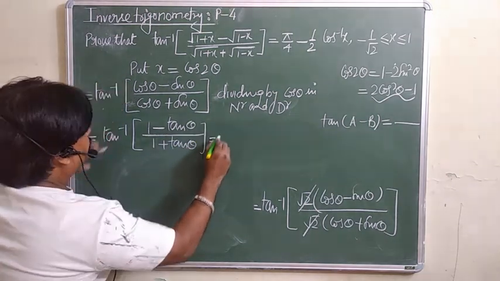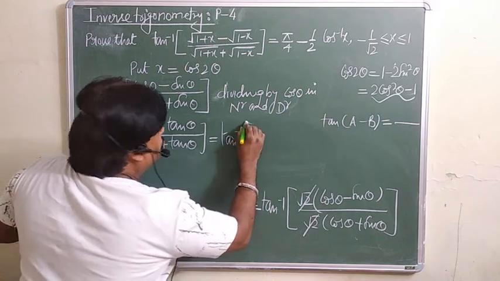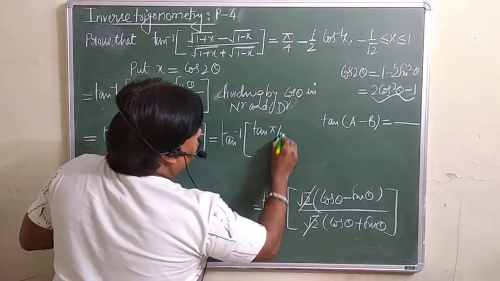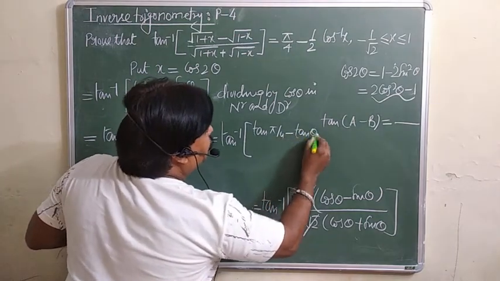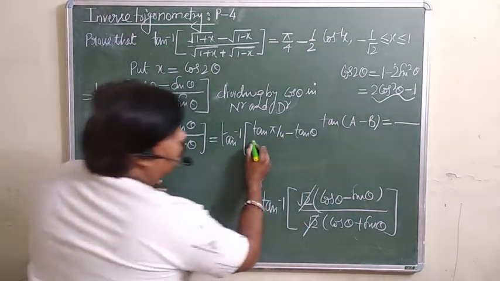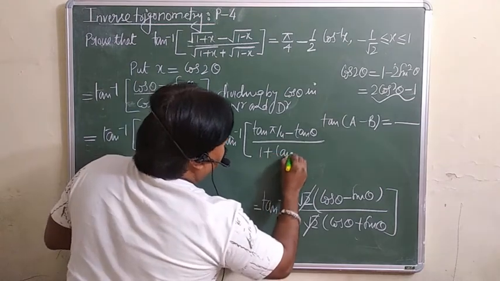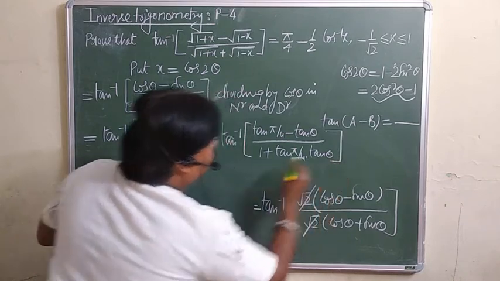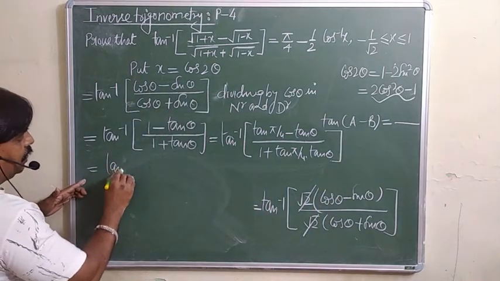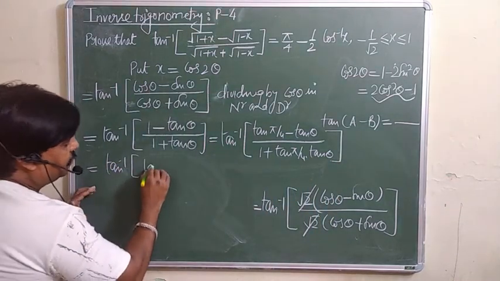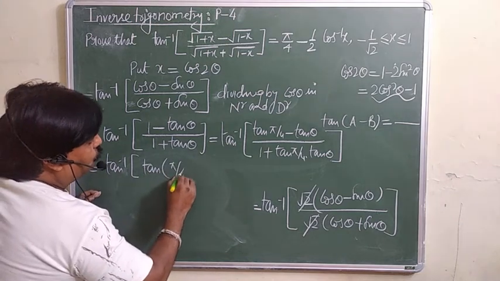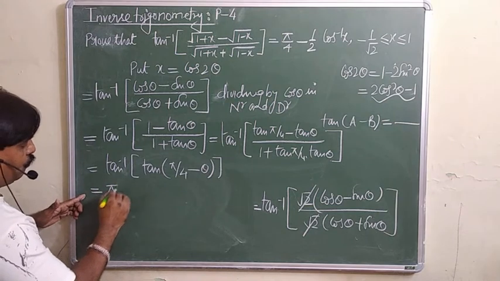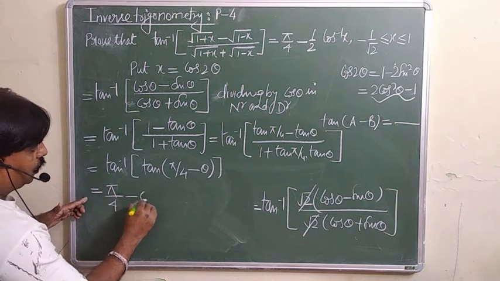This can be written as tan inverse of (tan pi by 4 minus tan theta) over (1 plus tan pi by 4 into tan theta), because tan pi by 4, that is tan 45, is 1. This is equal to tan inverse of tan (pi by 4 minus theta), which is equal to pi by 4 minus theta.